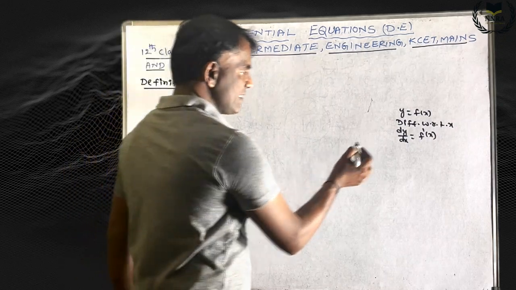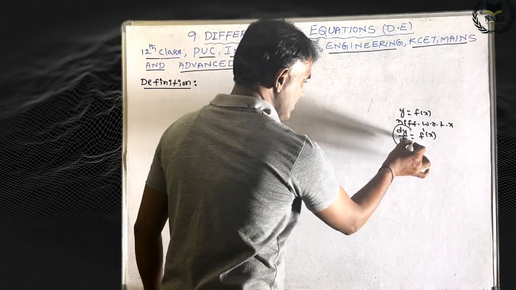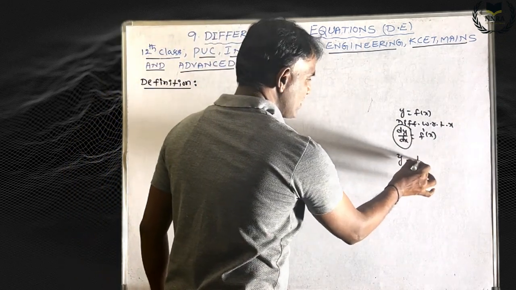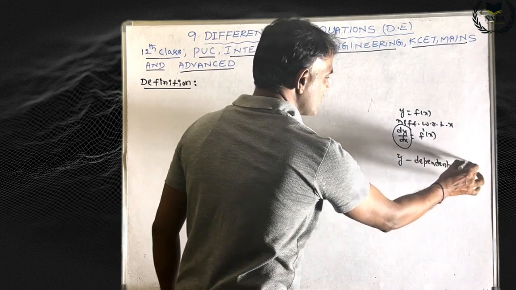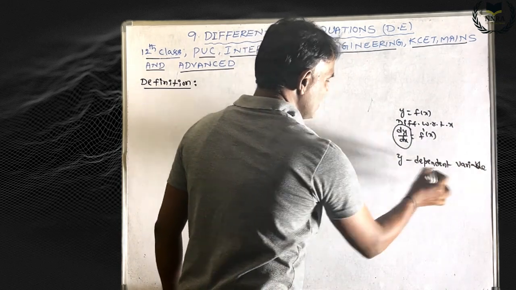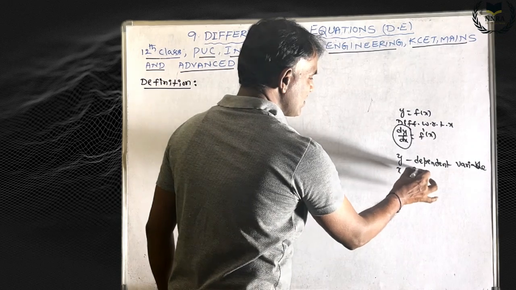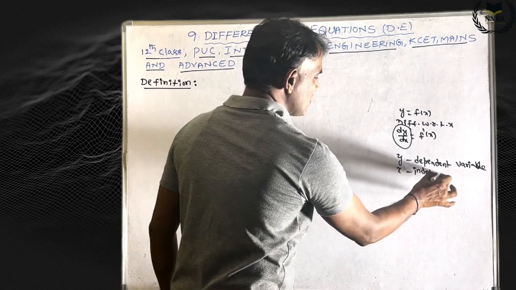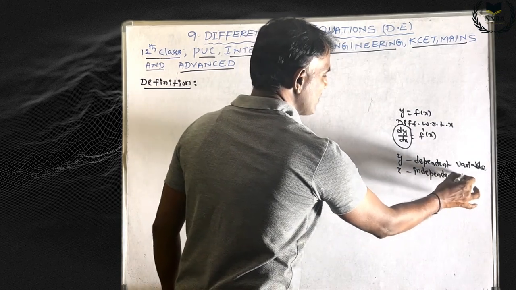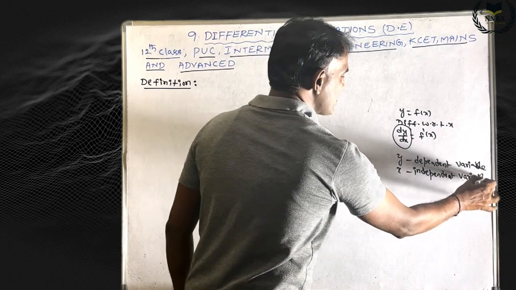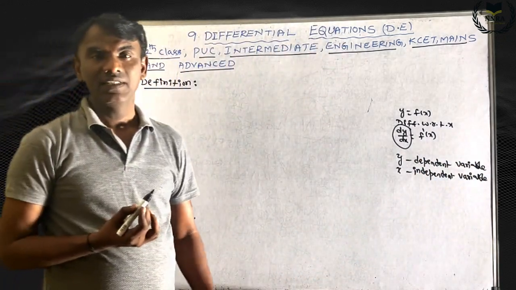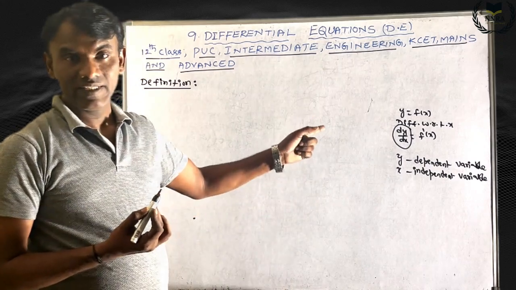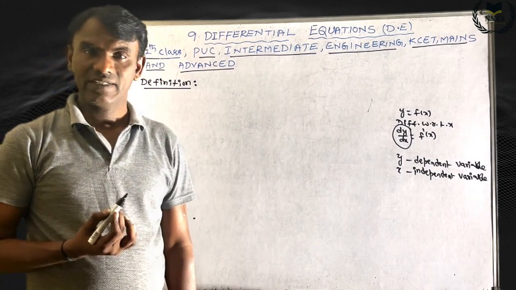In this derivative dy by dx, y is called the dependent variable, and x is called the independent variable. Suppose the derivative is dx by dy, then x is dependent, y is independent, clear.